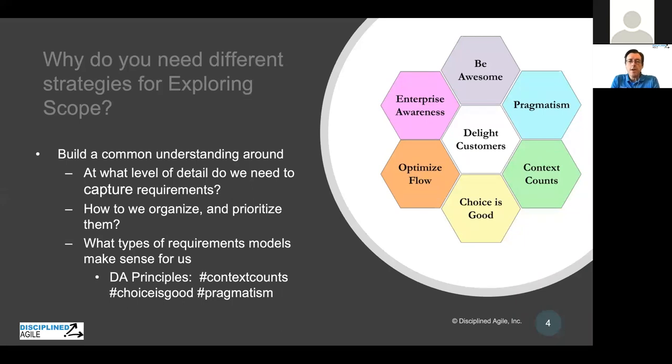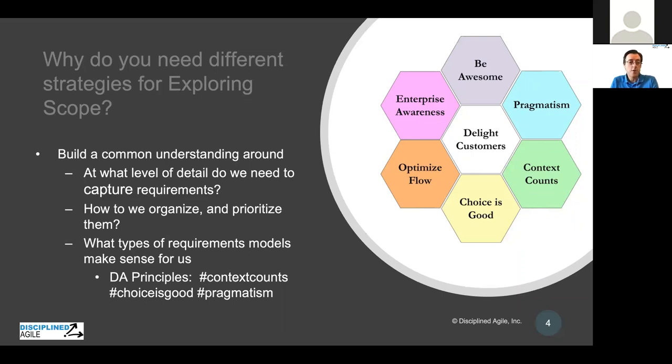Now, why do we need different strategies for exploring scope? Basic Agile tells us about using user stories and acceptance criteria, which work very well. So why do we need to talk about it more? Well, in some situations, stories might be a worthwhile technique, but in other situations, it's just quite simply not enough. So we need to understand, do we need more detail, less detail?